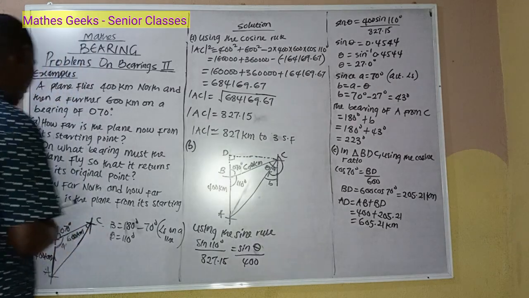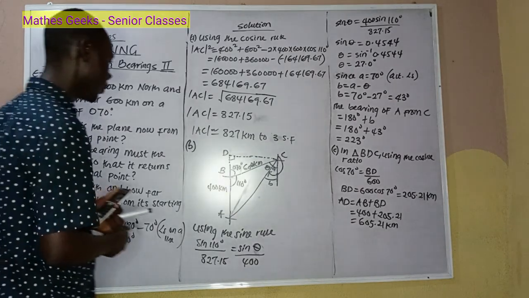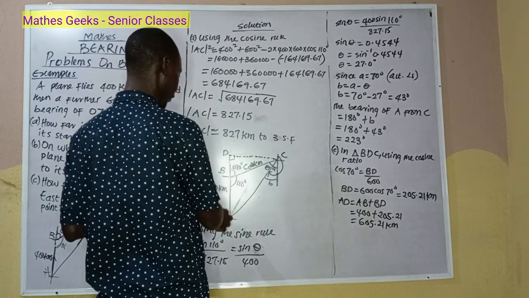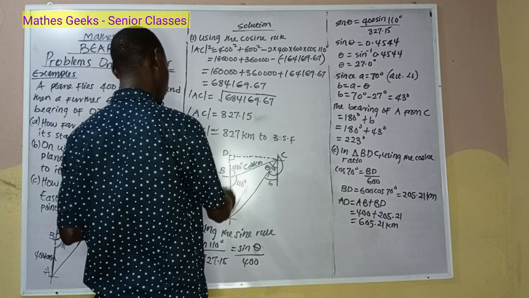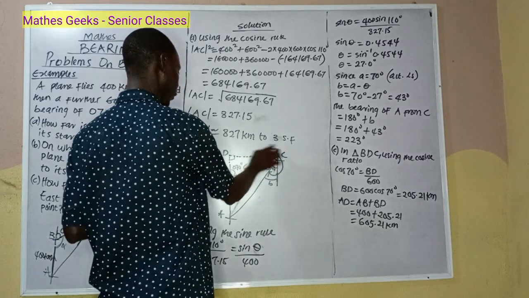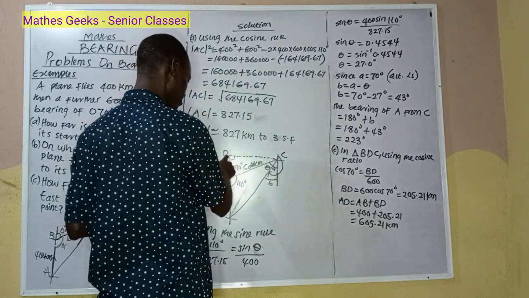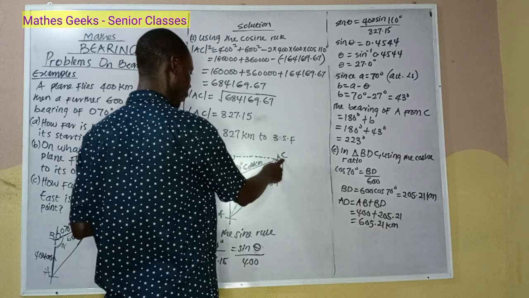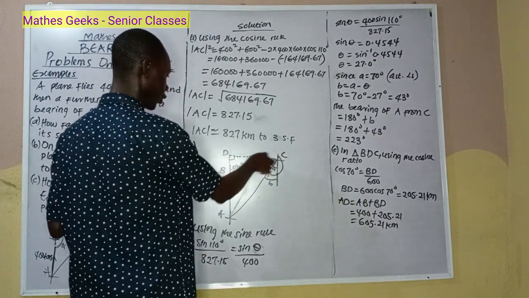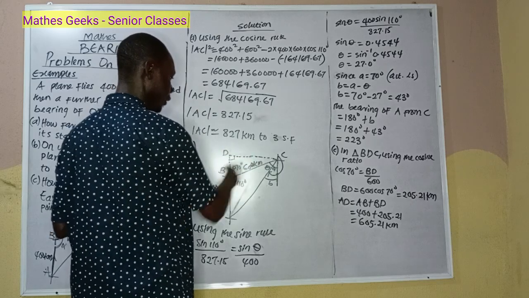Then the next one asks how far east the plane is from the starting point. This is the starting point, and to get east we connect from here to where you have the final point on your drawing. This is the eastern direction, so we are going to calculate DC.